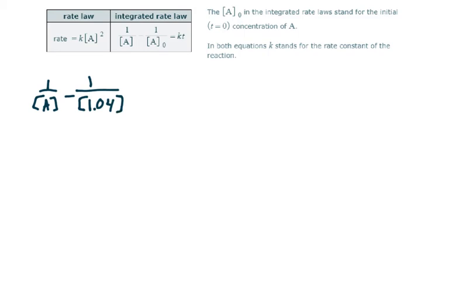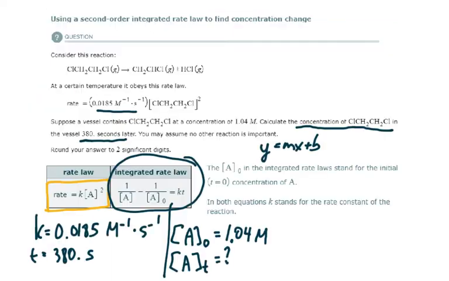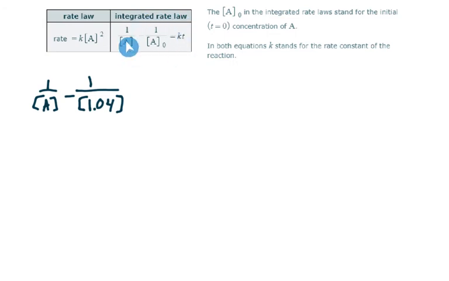Now we're not going to raise this to the second power. It is raised to the second power here in the rate law, but in the integrated rate law, we're not going to square it. We're going to use this equation, the integrated rate law, as is.